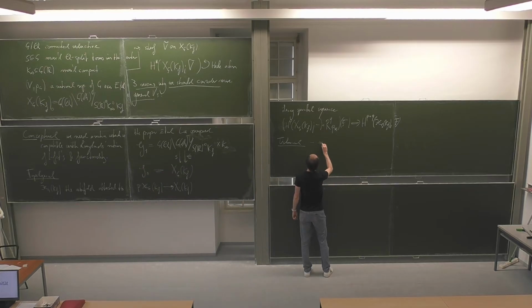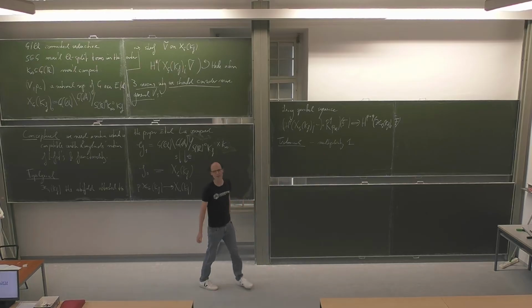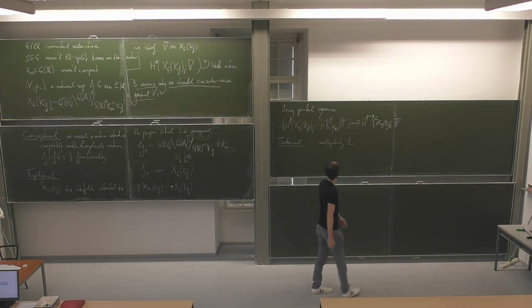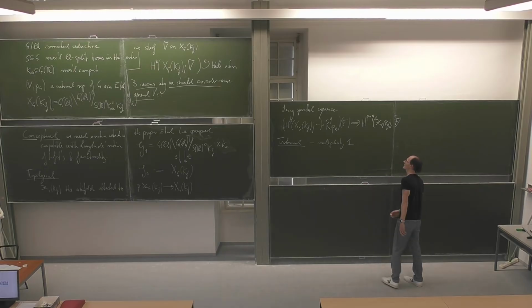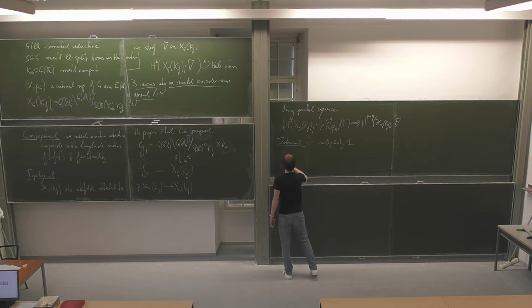One is you would like to have something like multiplicity 1, or at least multiplicity as low as possible in the degrees where you can achieve it. So that's desirable. And the other one is the following. I will illustrate it by an example.